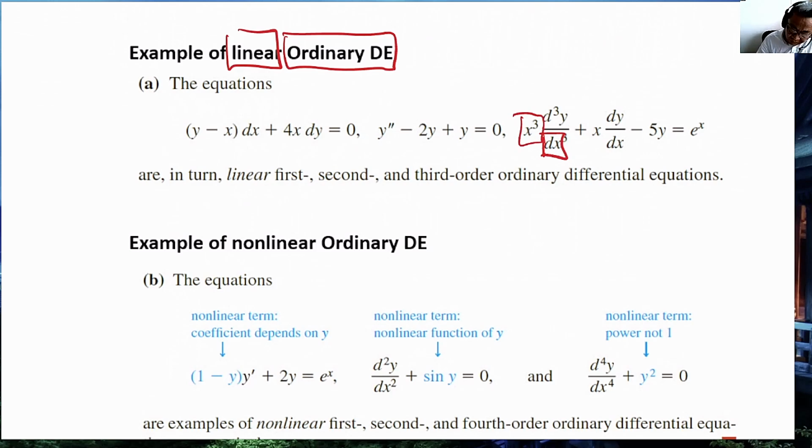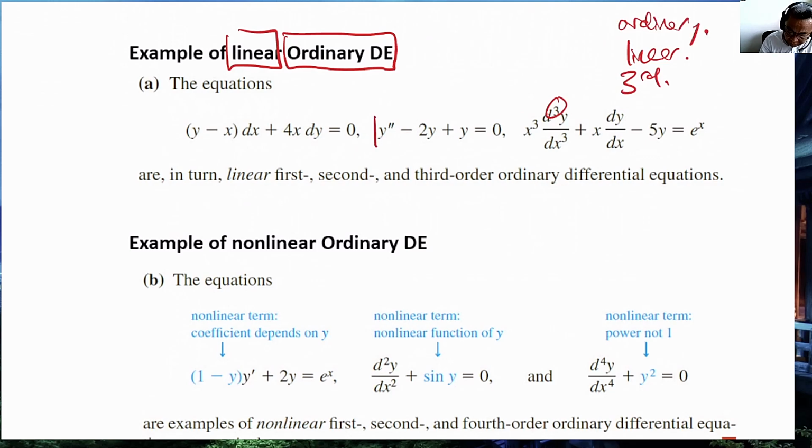The functions in front of this differentiation expression are only of x or constants. The differentiation expressions only contain first order of y, and that's why this is linear. Now, what order? This is third order, and this is ordinary.